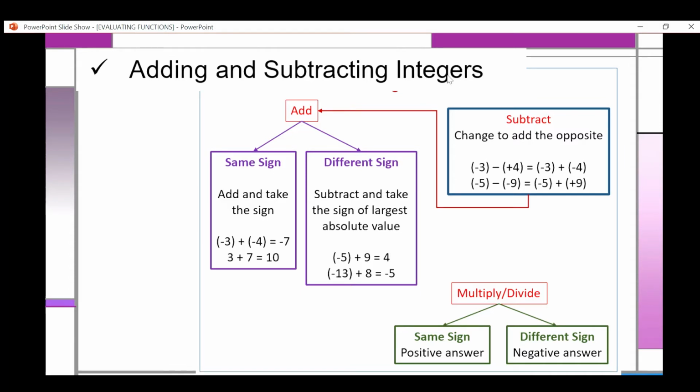Integers are signed numbers, the ones with positive and negative. When we add numbers with the same sign, when both are negative, we will just add the numbers and then copy the sign. Okay? The same with positive. This one is very simple.